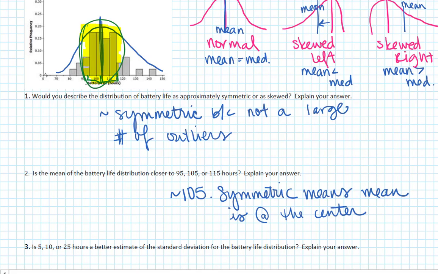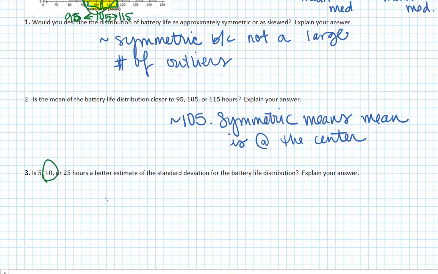If my center value is at 105, it looks like we're going all the way to 115 to get to that top edge of the bulk, and then going down to about 95 to get to the bottom edge of the bulk of that data.